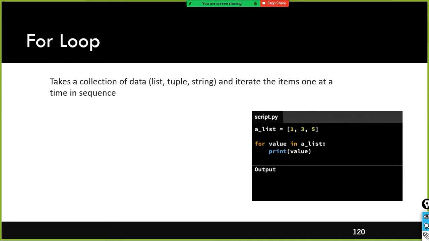If you want to iterate over collections like a list or tuple or string one at a time in sequence, then you can use for loop. Not only for sequences, we can also use for loop or while loop to execute a certain block of code repetitively based on some condition.